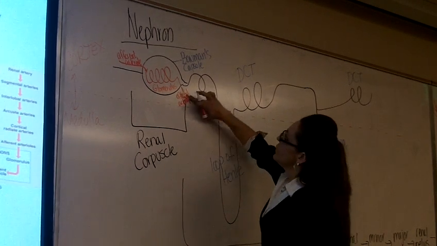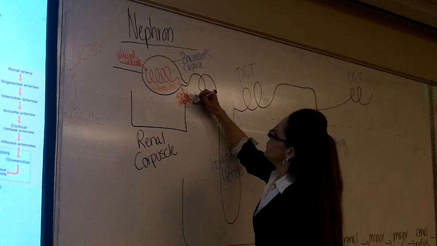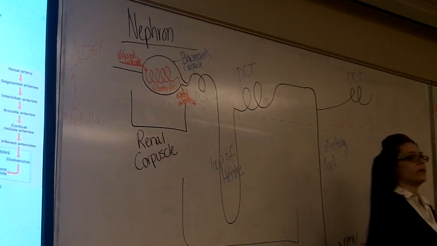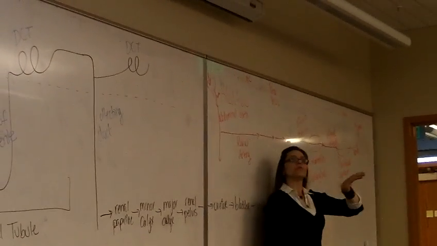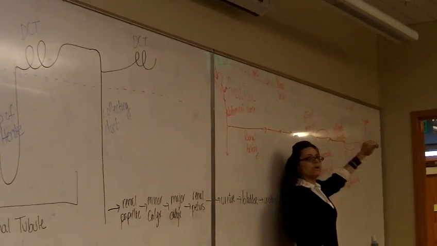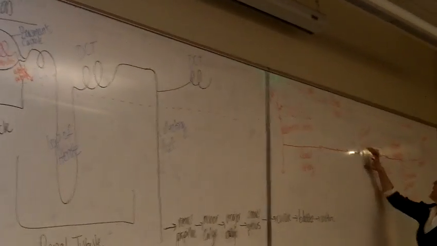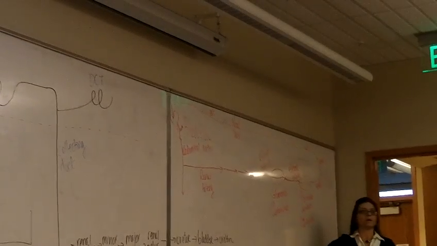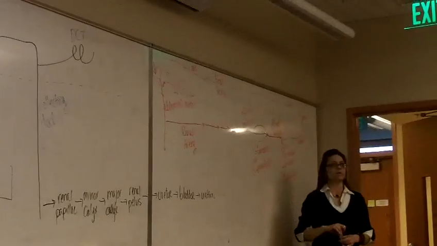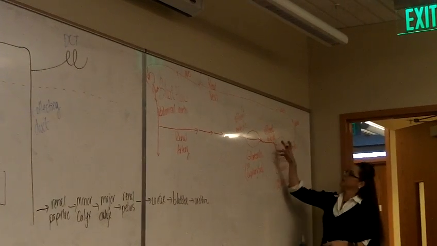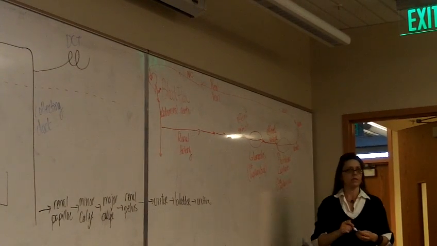And then from the efferent arteriole, we go into the peritubular capillaries. So if you look at blood, it's coming into each nephron through an afferent arteriole, and then blood's going to go into a glomerulus, and then it's going to leave the glomerulus through the efferent arterioles, and then that blood's going to go through peritubular capillaries.